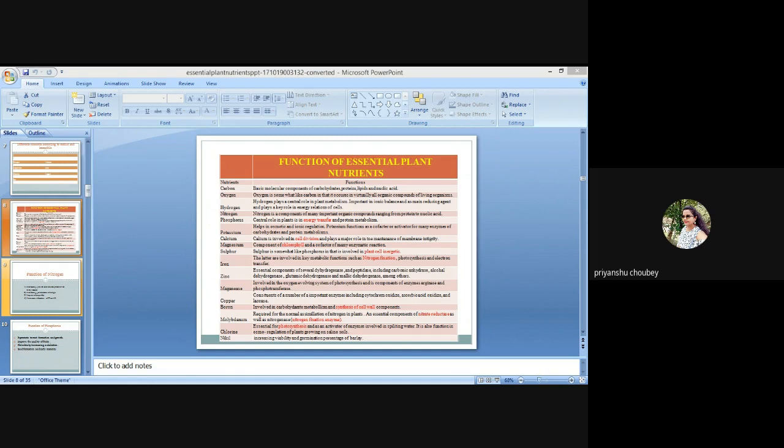But all are absolutely indispensable for plant growth.